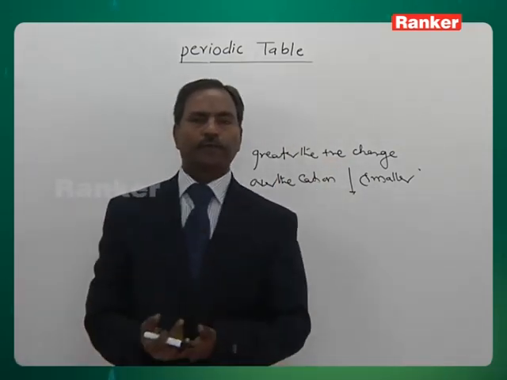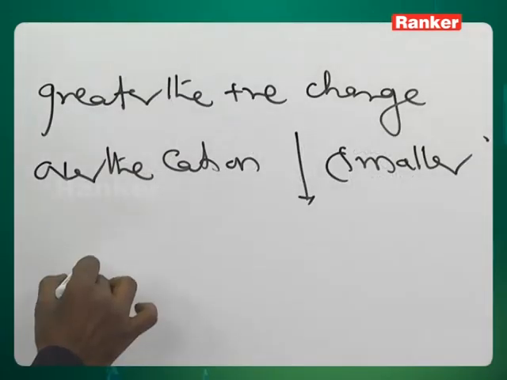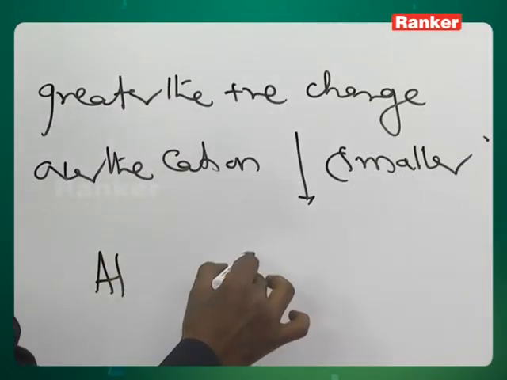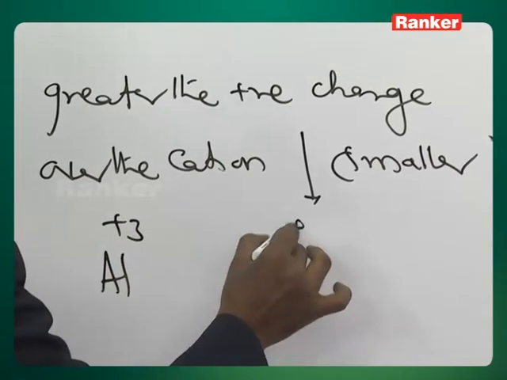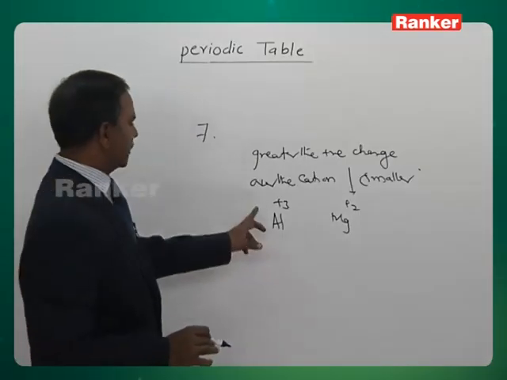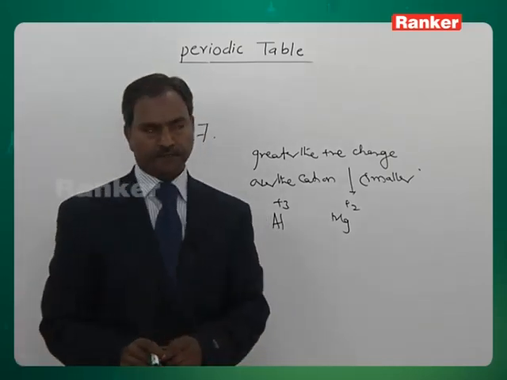What is the reason for it? Now we talk about aluminum and again magnesium. What else is given, this aluminum plus 3, Mg plus 2. Greater the charge, smaller the size.